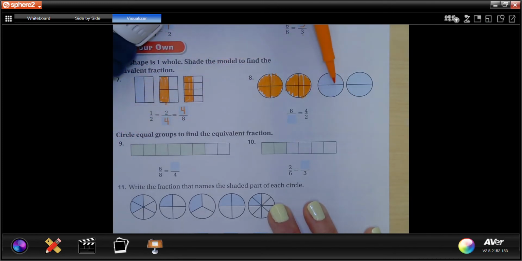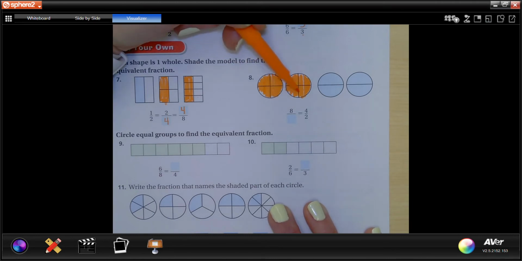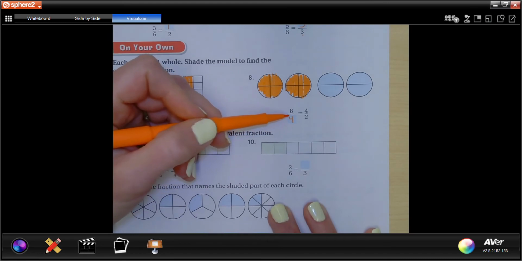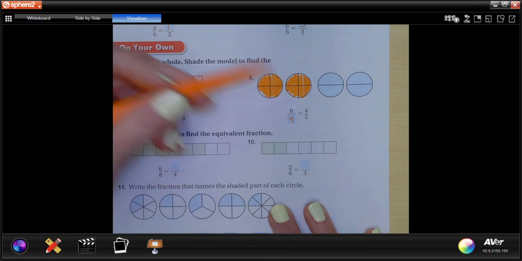So we know that 1, 2, 3, 4 are shaded out of 2 because 2 halves make up a whole. So over here we have 8 shaded. 1, 2, 3, 4, 5, 6, 7, 8. How many are in one whole? 1, 2, 3, 4. So our denominator is 4. So 8/4 is equivalent to 4/2.